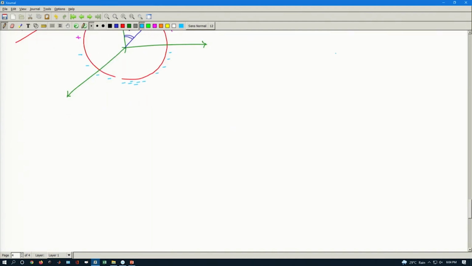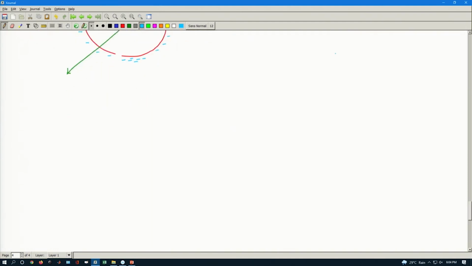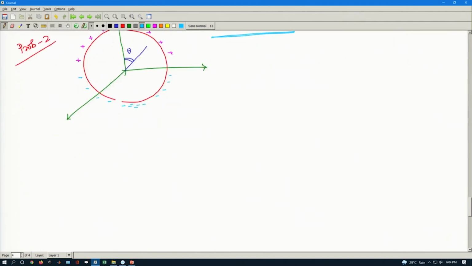And the question is, find out the dipole moment of this system. So, there are two parts of the question. The first question is find out the monopole moment.